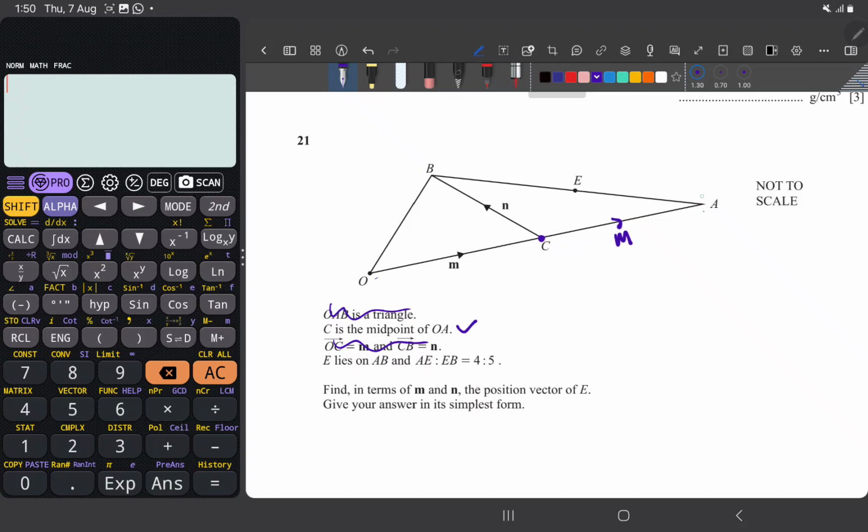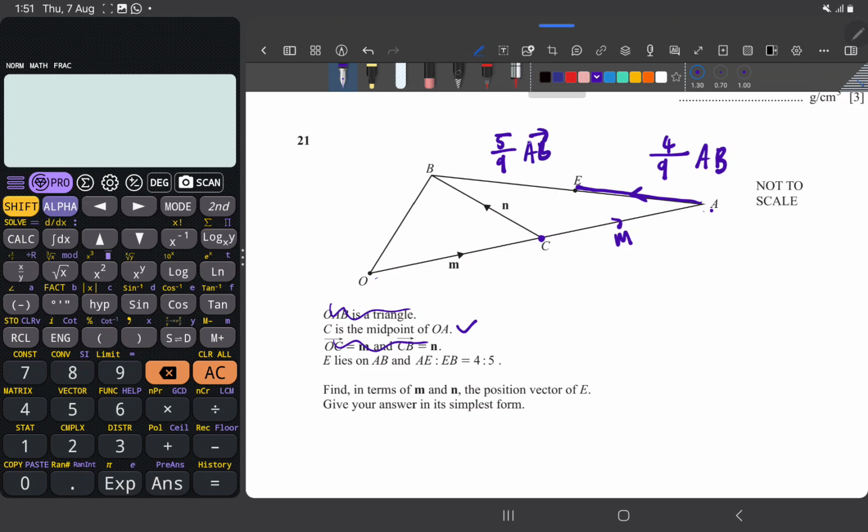So AE, this part will be 4, and EB, this part will be 5. So if you want to find AE, it will be 4 over the total 9. It is 4 over 9 of AB.